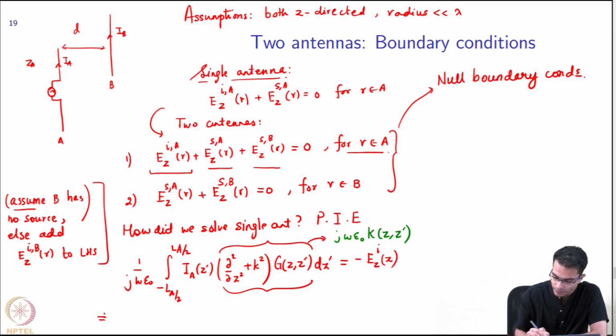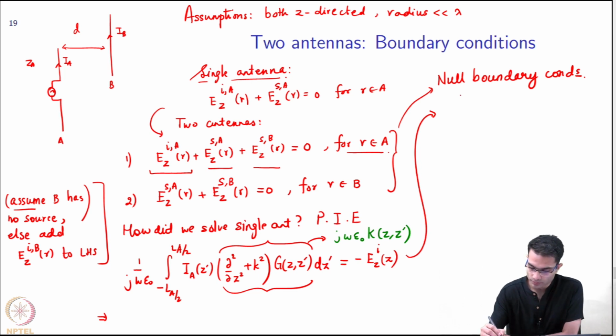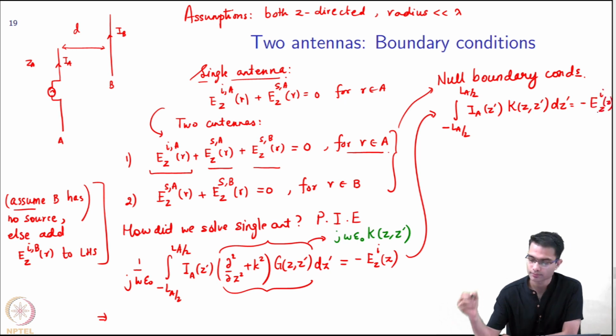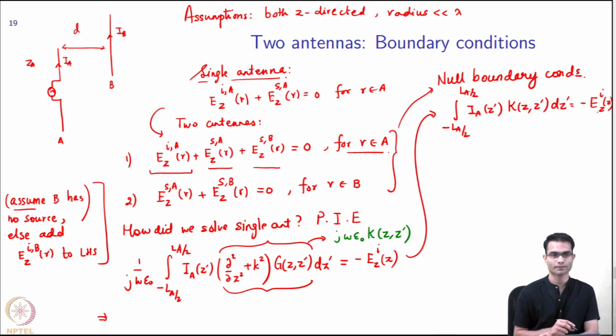So, this will become the integral from minus L_A/2 to L_A/2 of I_A(z') K(z, z') dz' equal to minus Ez^i(z). Just a more compact way of writing the same equation.